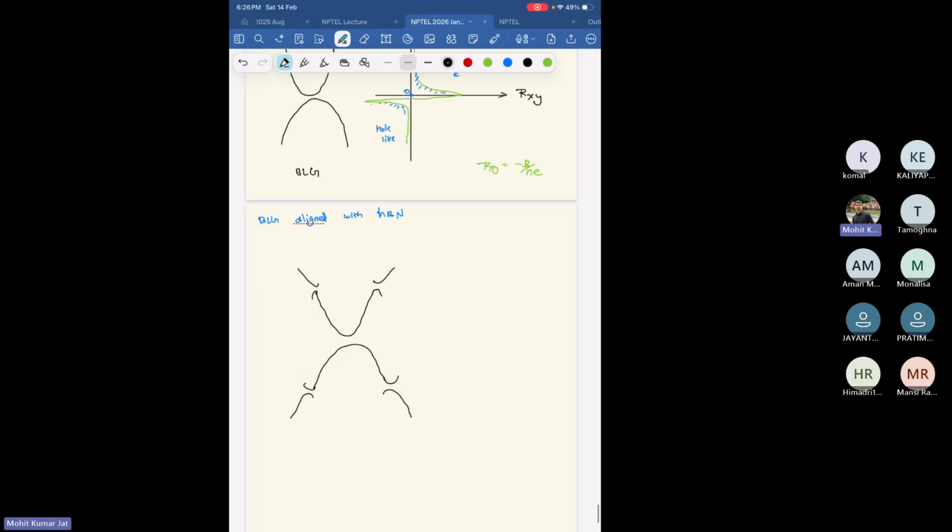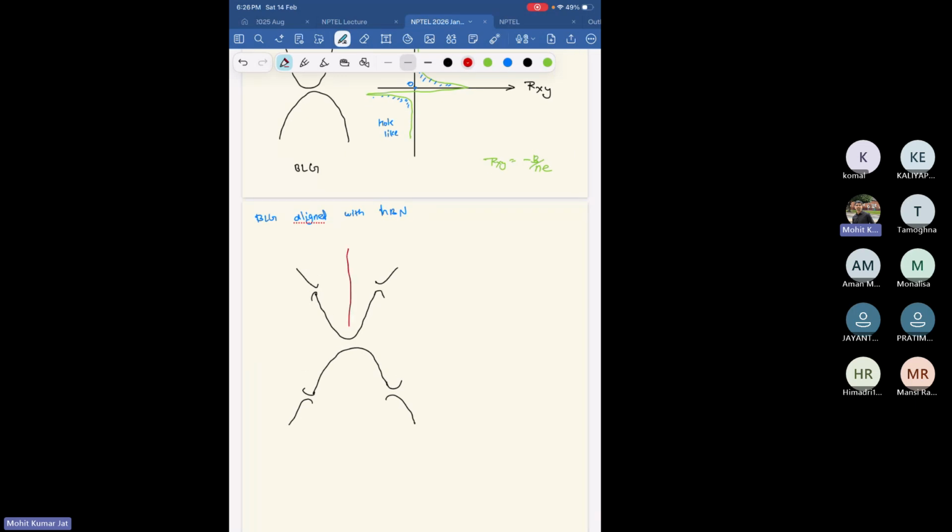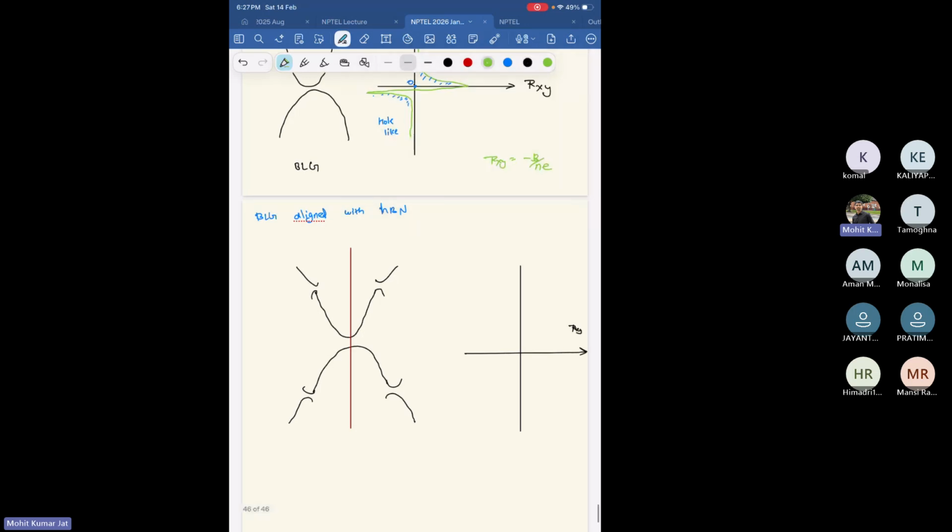Now if I draw this one, what will I get in the RXY signal? Initially it is the same: near the charge neutrality point, nothing will change.